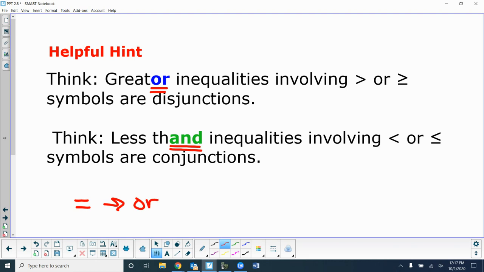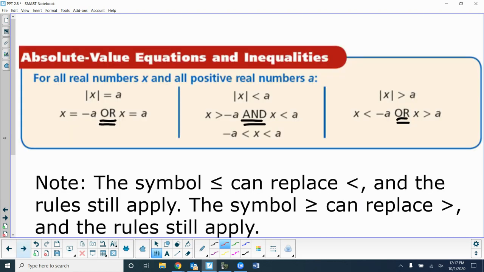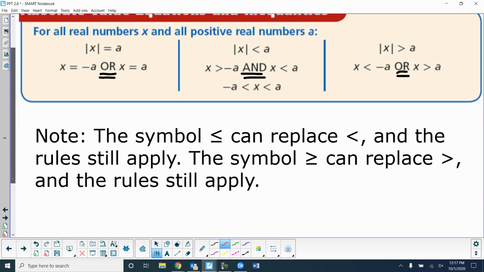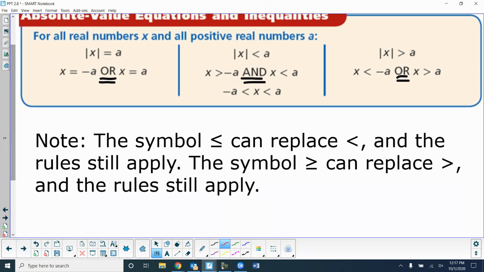So you're going to have a couple that are just equations, and you won't have to graph those answers. And then the others you'll do the graphs for the greater or less than. Again, "or" and "or". And if you use less than or equal to, greater than or equal to, the same rules apply.